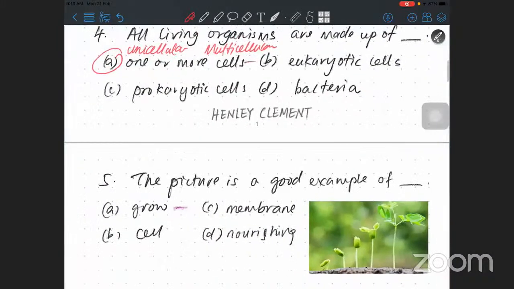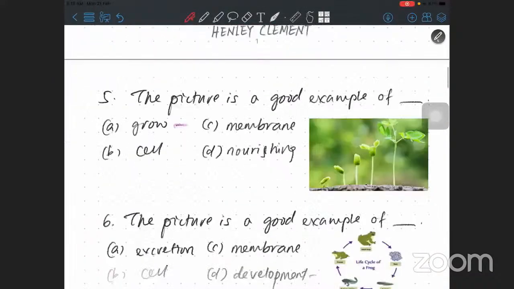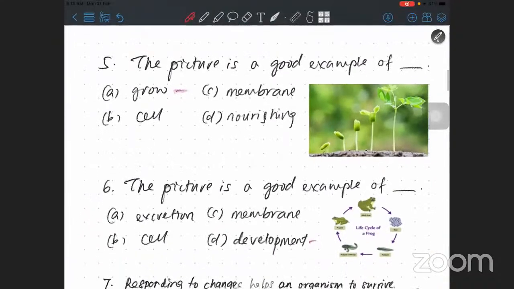Then we go to the next question. Question 5 says: this picture is a good example of... Can you see this is a bean sprout that grows into a small tree? So this picture is a good example of growth, membrane, cell, or nourishing. Nourishing means eating something, right?